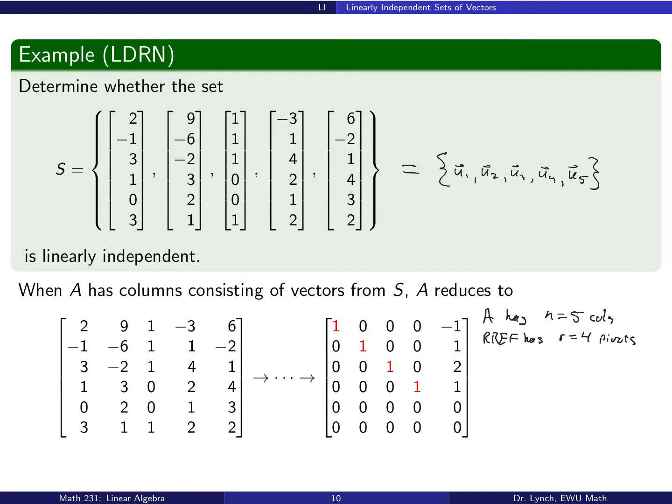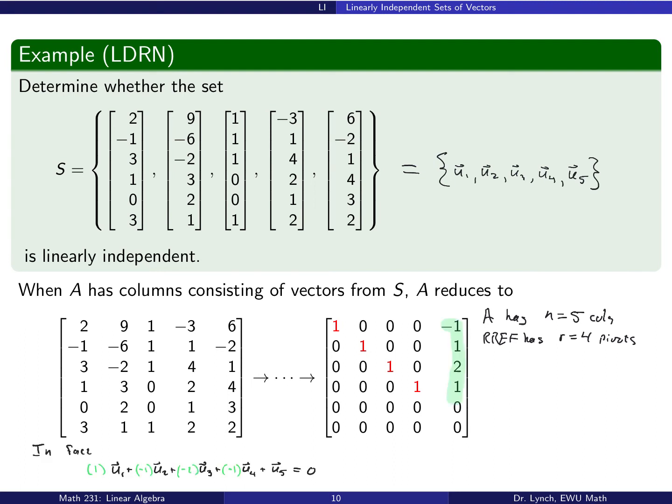Okay, we see that the matrix A has n equal to 5 columns. We see that the row reduced echelon form has r equal to 4 pivots. So we see that the set S is linearly dependent. In fact, we can pretty quickly see a non-trivial relation of dependence by thinking about the associated solution of the homogeneous linear system.